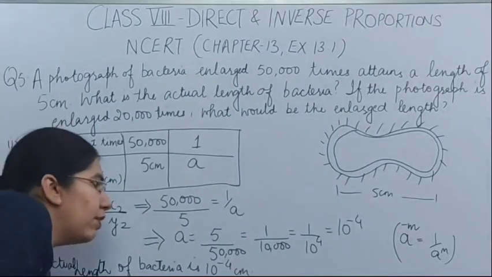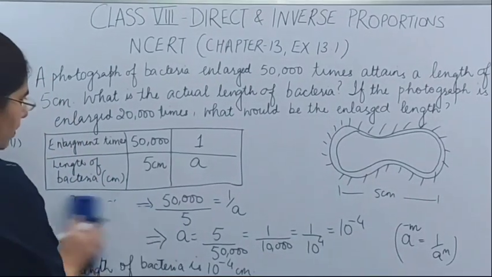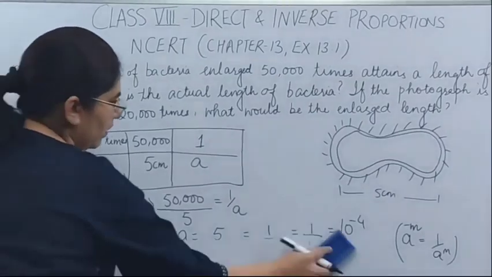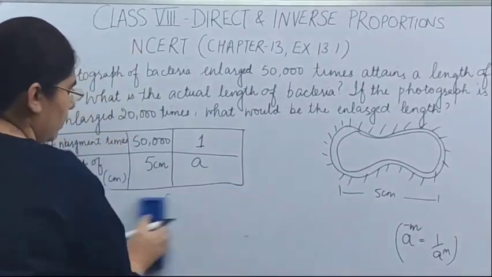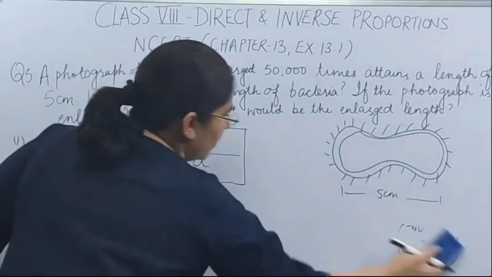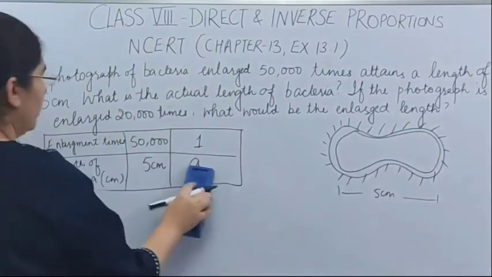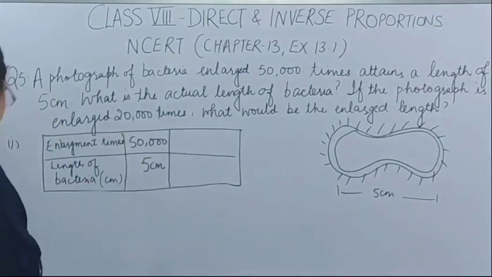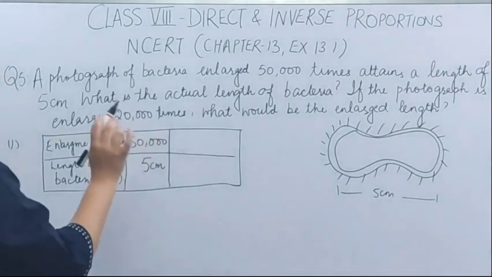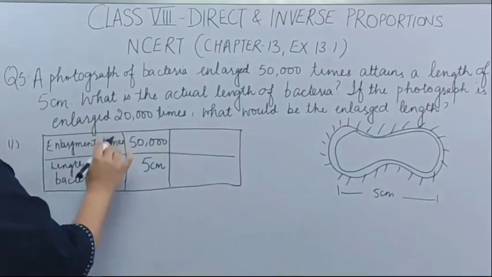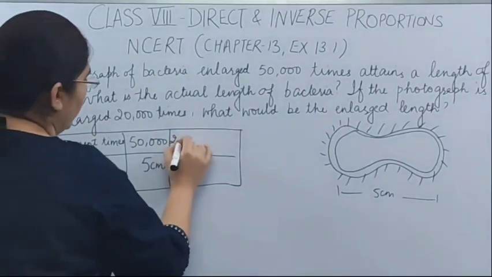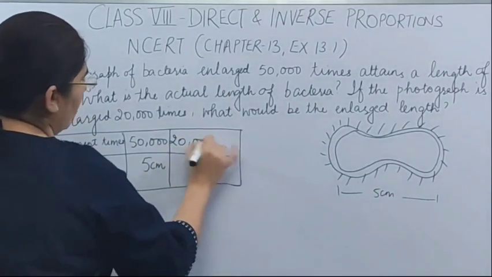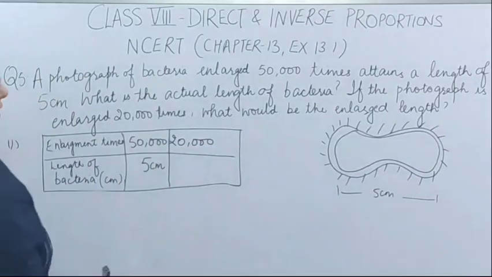So, nothing we have to do. This is already there with us. This part remains the same. It says if the photograph is enlarged 20,000 times, what would be the enlarged length?